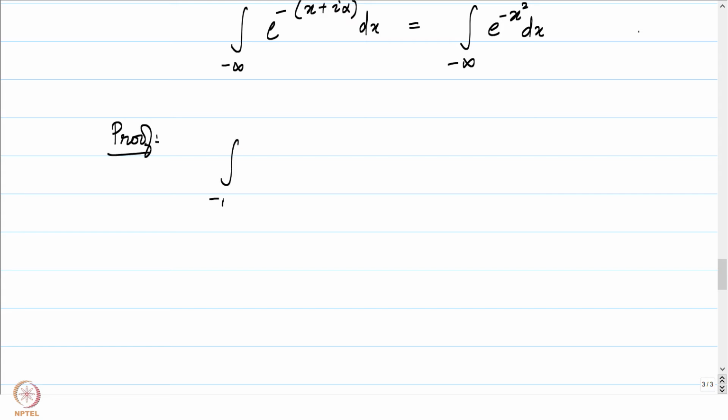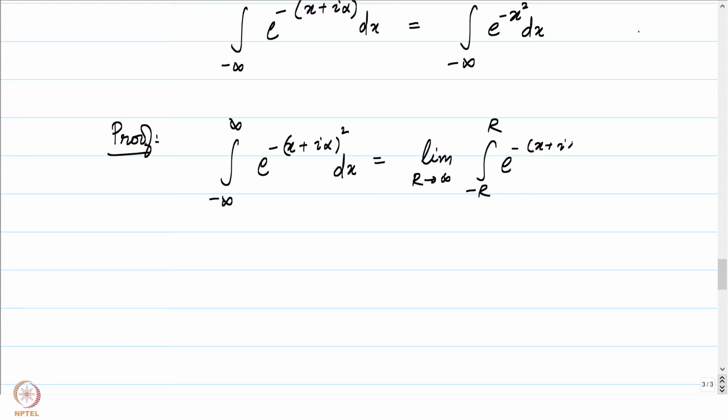So what is the left hand side? Minus infinity to infinity e to the power minus (x plus i alpha) the whole square dx. This is what we would like to compute, and this is equal to the limit as r goes to infinity of the integral from minus r to r of e to the power minus (x plus i alpha) the whole square dx.